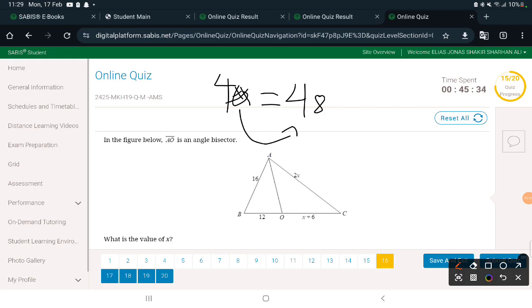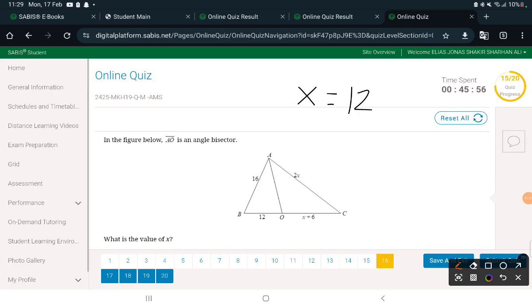Multiplied by 4, take it to the other side, becomes divided by 4. So 48 divided by 4 is 12. So x equals 12 over 1, and 12 over 1 is just 12. x equals 12. That's it.